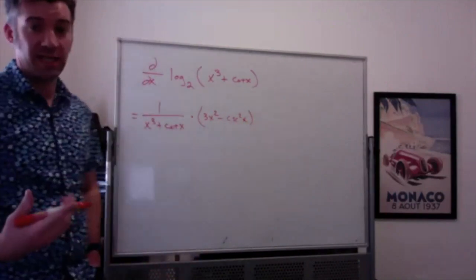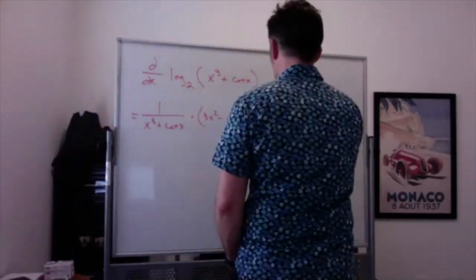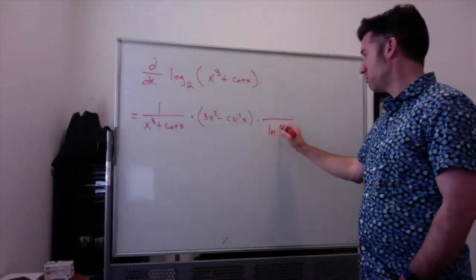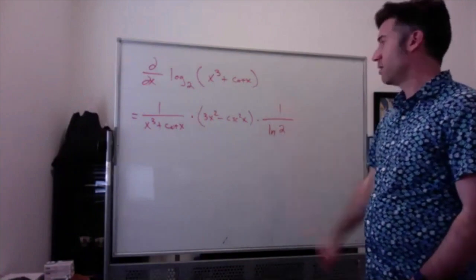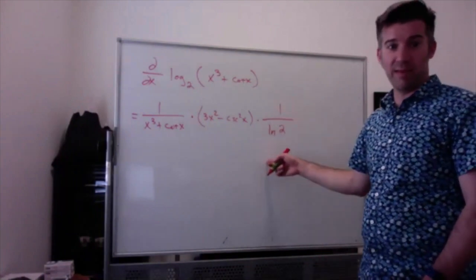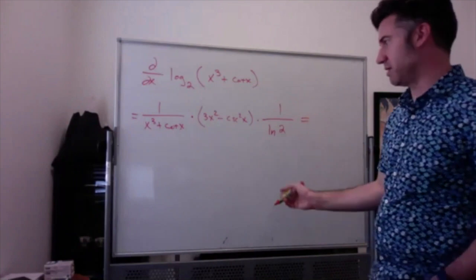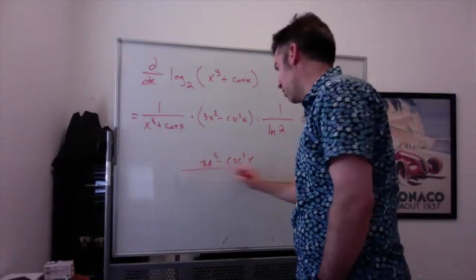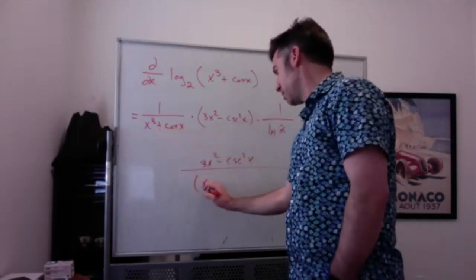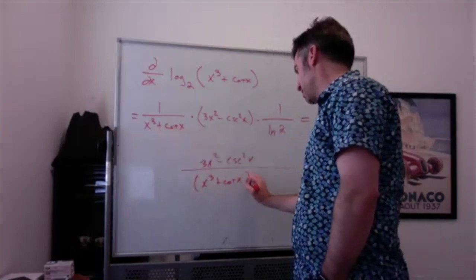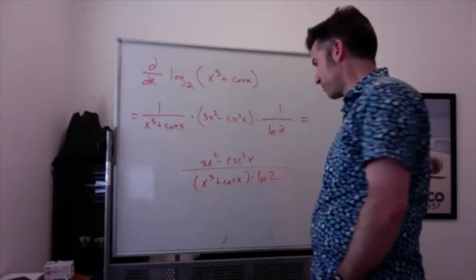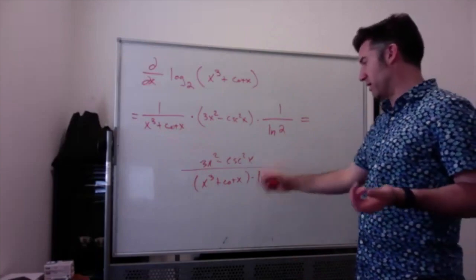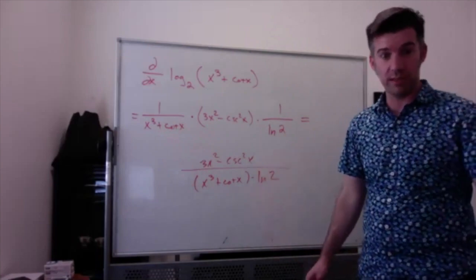But then I also know that I need to divide by the natural log of 2. I would probably leave it like this and someone would hate me for it. You should probably rewrite this as 3x squared minus cosecant squared x over x cubed plus cotangent of x times natural log of 2. So it basically works the same way the natural log does, except that you also have to throw in a division by a natural log of your other base.